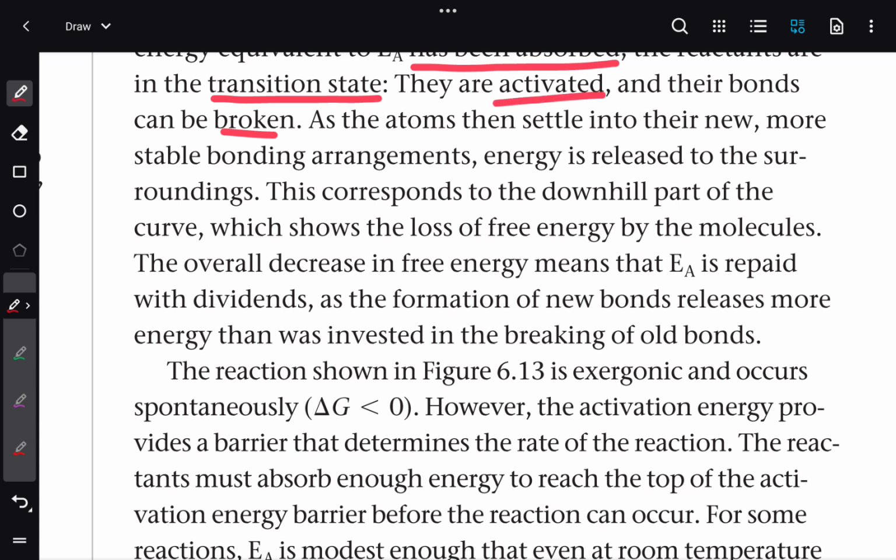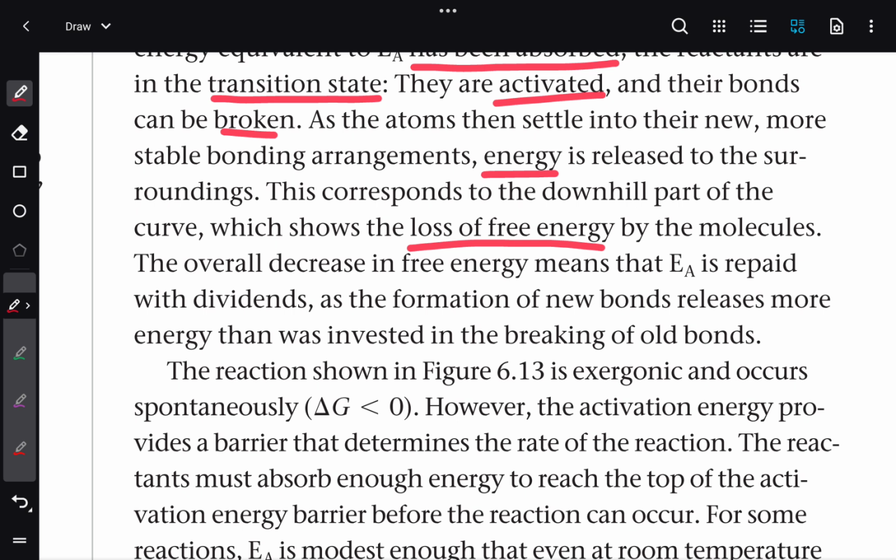As the atoms then settle into their new, more stable bonding arrangements, energy is released to the surroundings. This corresponds to the downhill part of the curve, which shows the loss of free energy by the molecules.